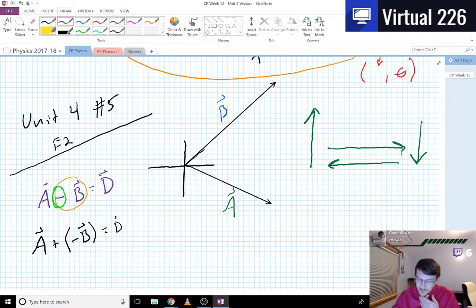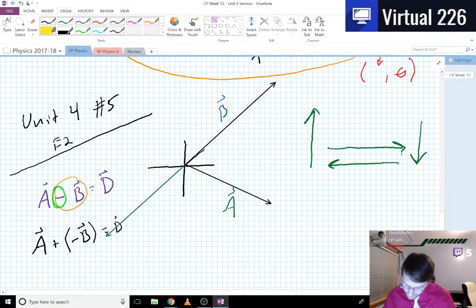So if I look at vector B here, vector B is going up and to the right, so I want to go down and to the left, and I want to go in the exact same line as vector B, but just the opposite direction. So it's going to have the exact same length and just a 180 degree turn in order to get negative B. So when I do that, my vector is going to look something like this.